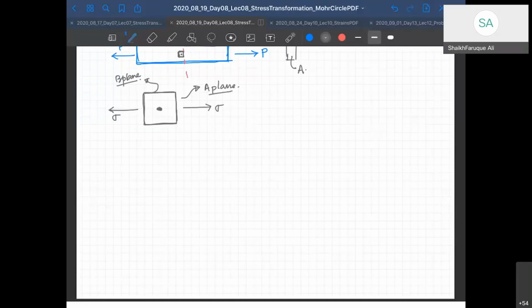It can have both normal and shear stress. Now, if they have both, how do you combine them to get the failure stress? Under which criteria are you going to check them? So it becomes a little more complicated than a single directional stress.